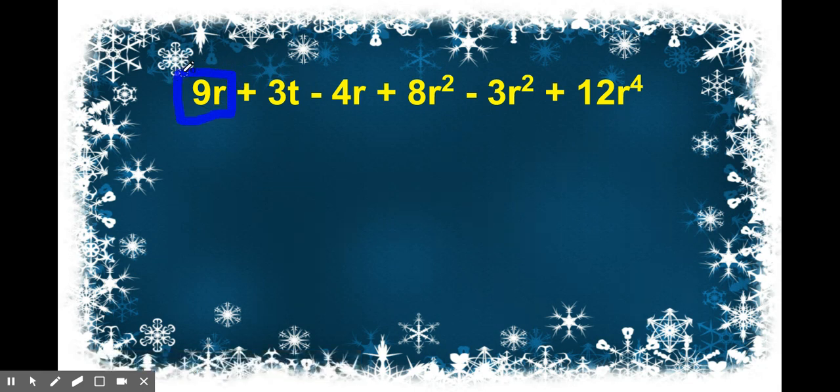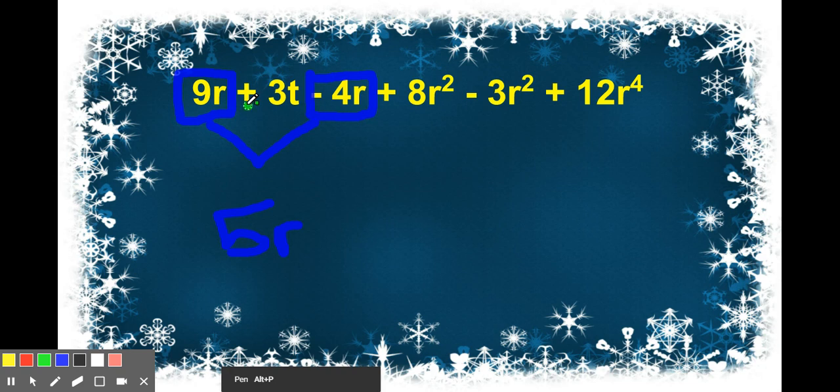I'm going to look for all my other r's to the power of 1. This was t. Here I have r to the power of 1. Remember to take the sign in front of each term. Here I have r squared, and r to the power of 4. So I can go ahead and combine these. I have 9r minus 4r. So I'm left with 5r when I combine those two.